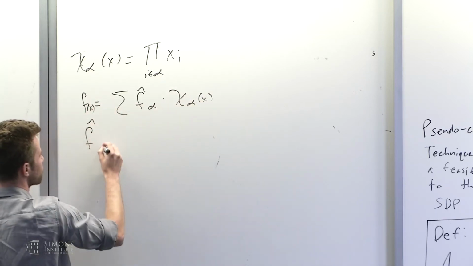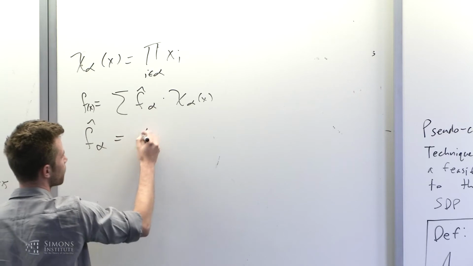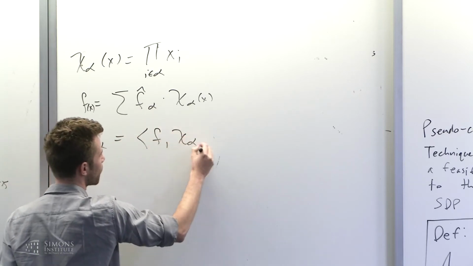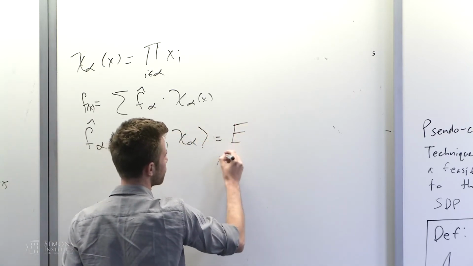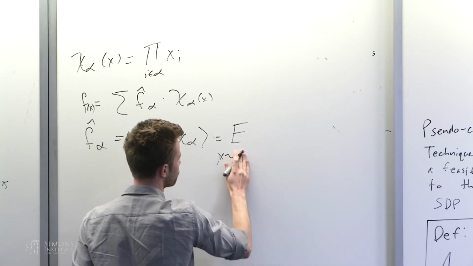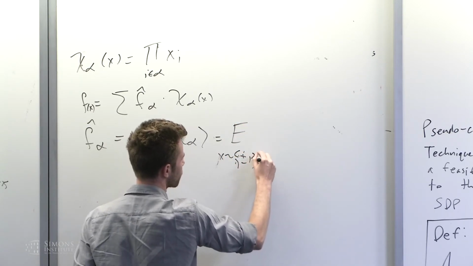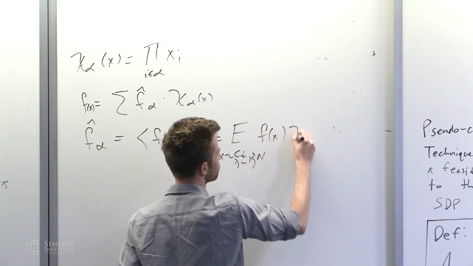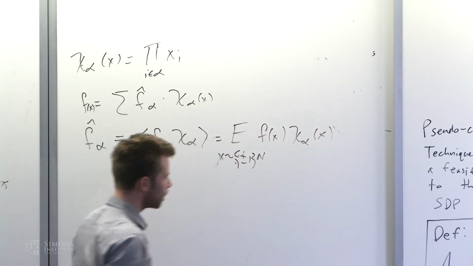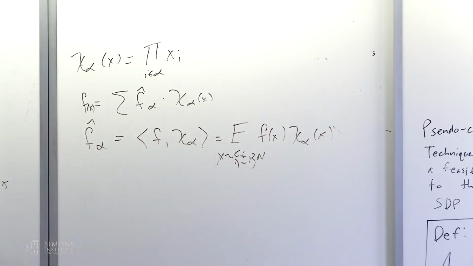And these Fourier coefficients f hat alpha are given by the inner product of f and chi alpha, which is just the expectation under a random point x in the hypercube {-1,1}^n of f of x chi alpha of x. OK, there's our refresher.